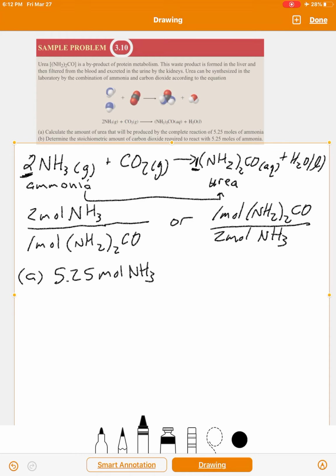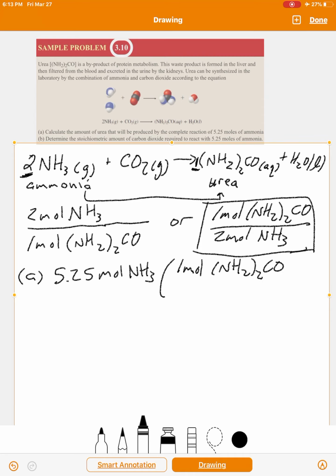So you just ask yourself, okay, if that's how many moles of ammonia react, how many moles of urea are you going to form? Well, here's the ratio. This gives you the relationship between urea and ammonia. So 1 mole of urea for every 2 moles of ammonia, right?